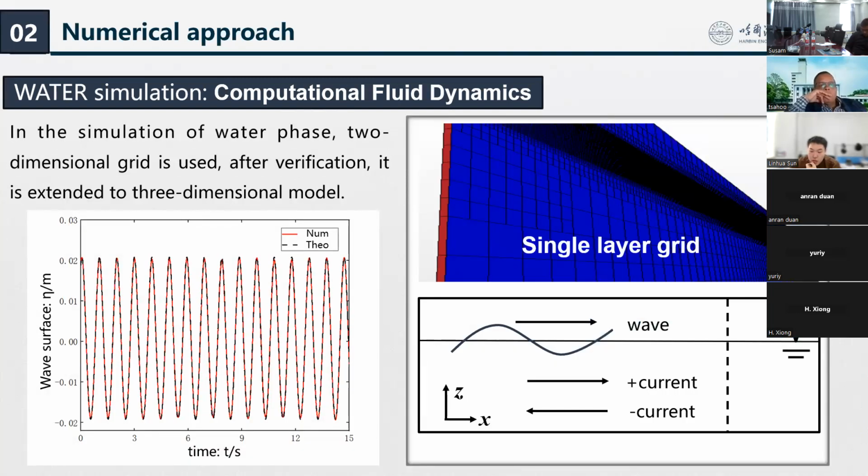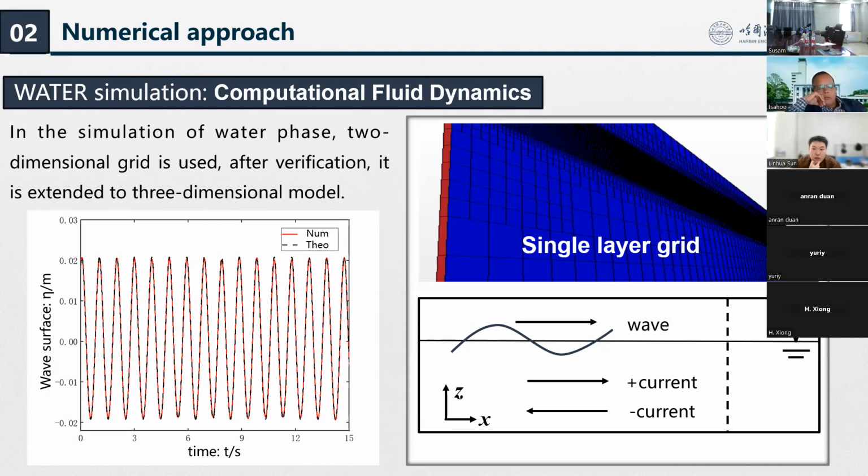Because all longitudinal sections are the same along the width of the tank, when the results are validated under the single layer grid, we can extend to any dimensions we want. Like this picture on the right, this is the single layer grid.